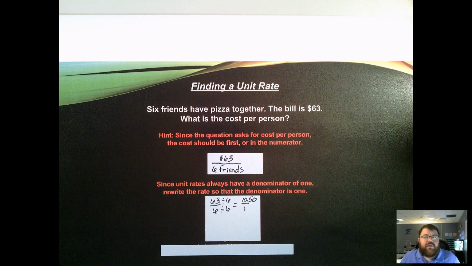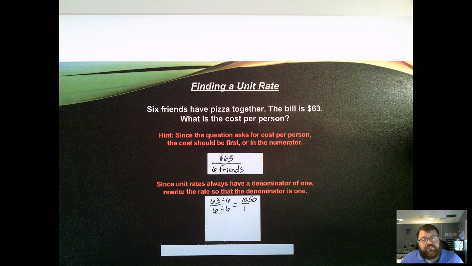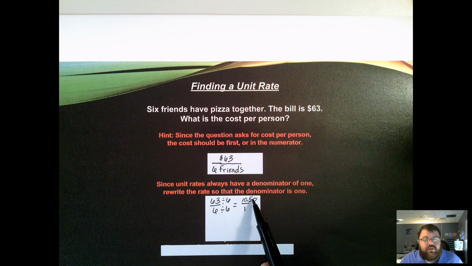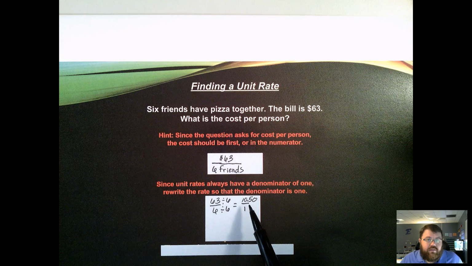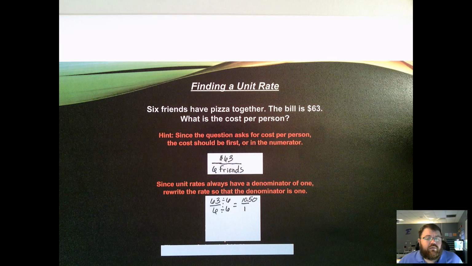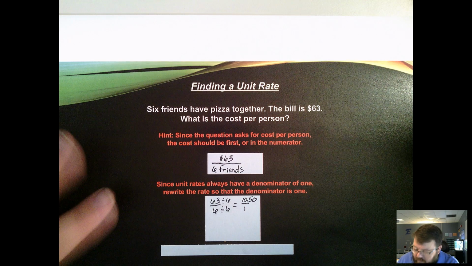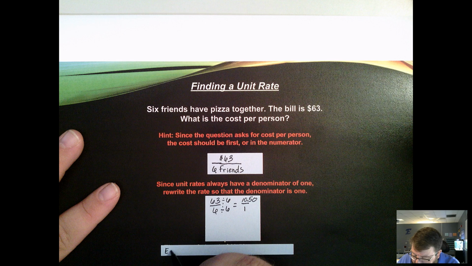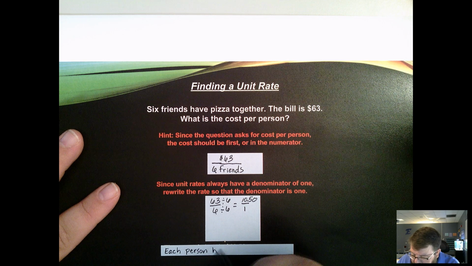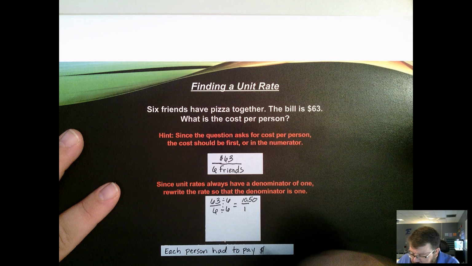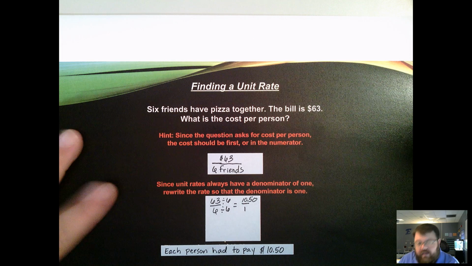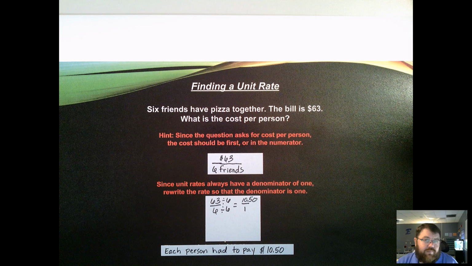So let's talk about what does this mean in context of the problem. $10.50 is how much each person had to contribute to pay for the pizza that cost $63. Okay, so each person had to pay $10.50.